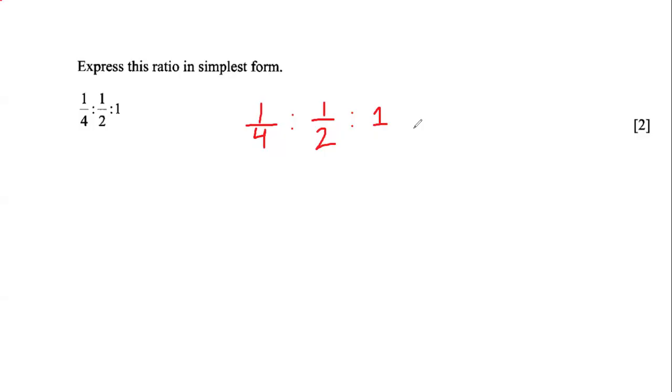Half could go into 1/4 and 1. Say it again. Half can go into 1/4 and 1. Okay, that's a good idea. I like that idea. Anyone else want to try?